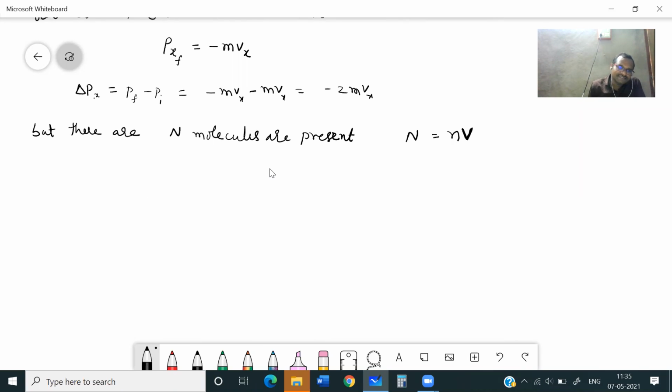Let us calculate the change in momentum in a time interval of delta t. Within a time of delta t, how much momentum is changing? This can be written like this. Within a time of delta t, how many gas molecules are colliding with the walls of the container?